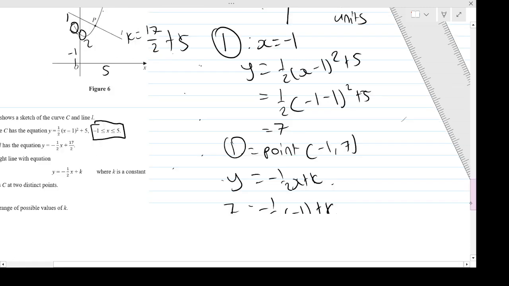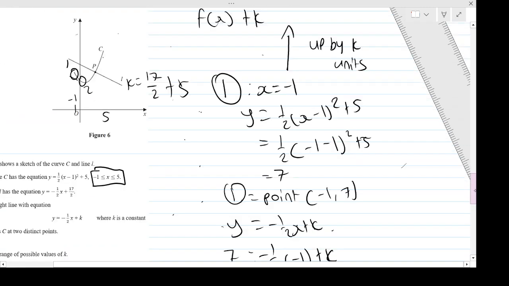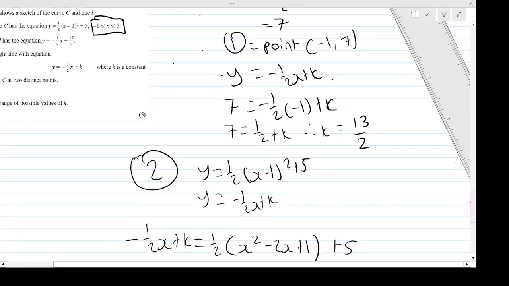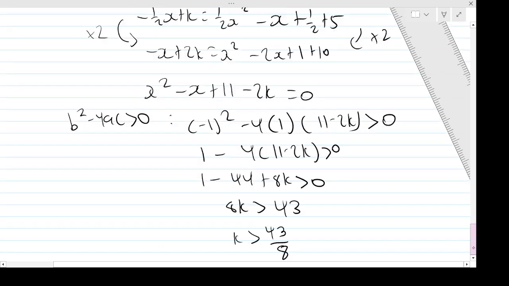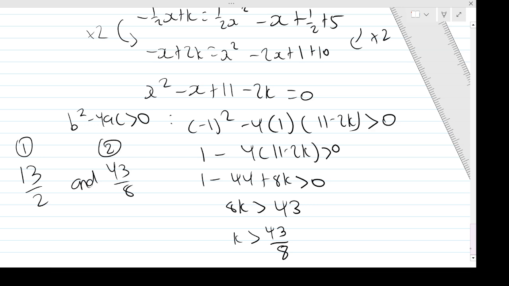So that means the k we're interested in has to be between 13 over 2 and 43 over 8. Those are the two values of k at points 1 and 2. Okay, if I would circle that, that's k at point 1 and that's k at point 2.